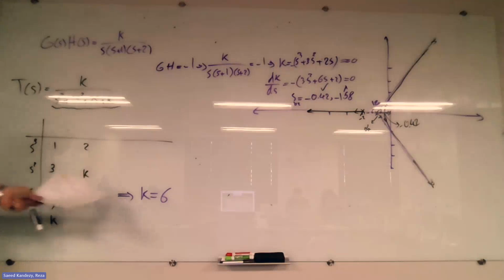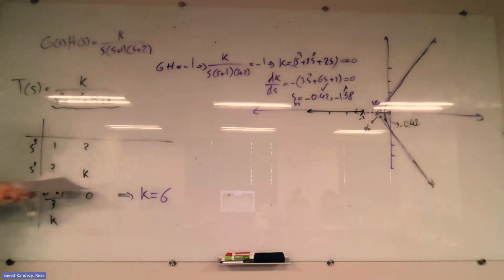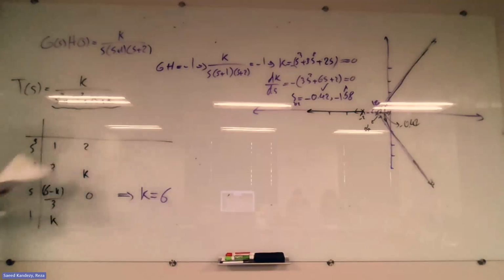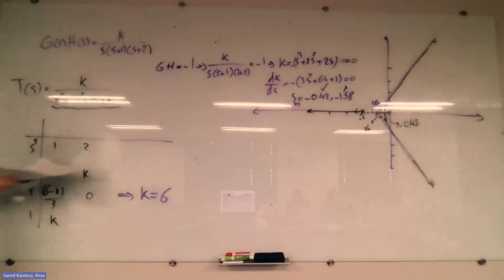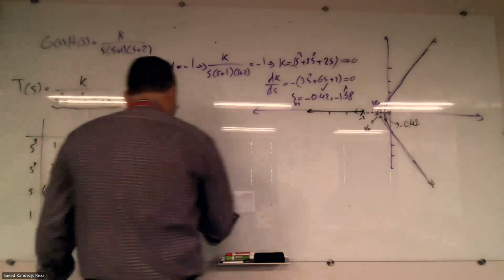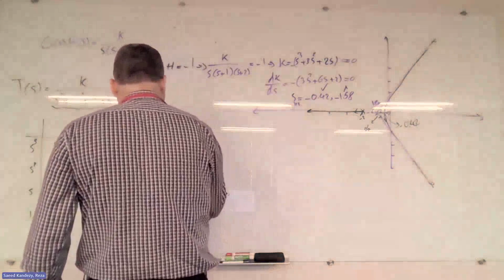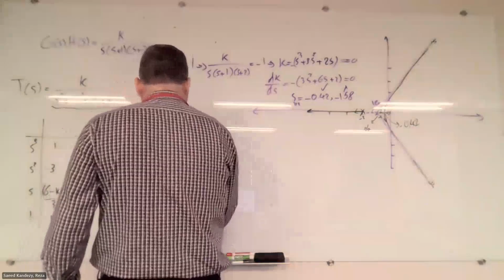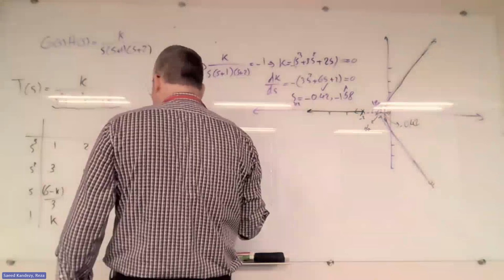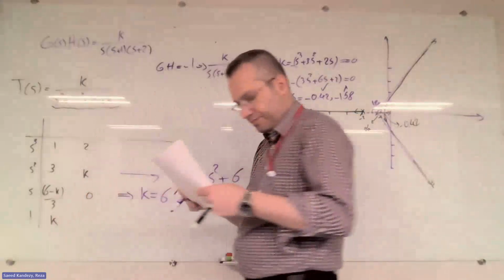Now that we have a k that makes this s row, the first order row, 0, we can put that k into the second order line above it, and find the exact formula of the second order line, which is therefore going to be 3s squared plus 6.